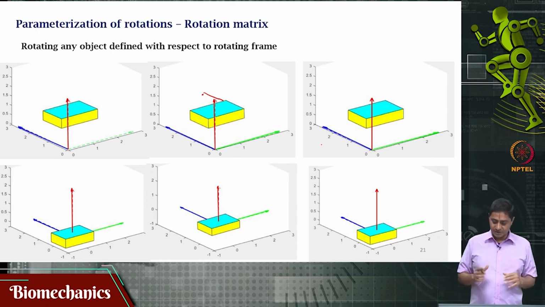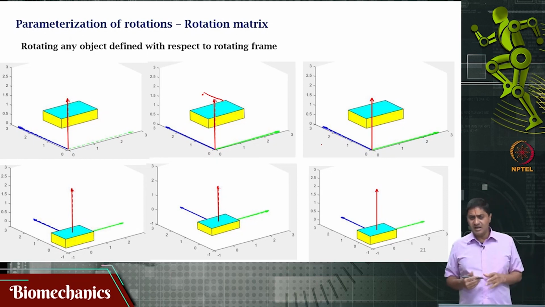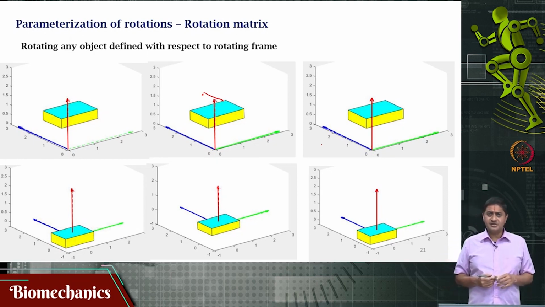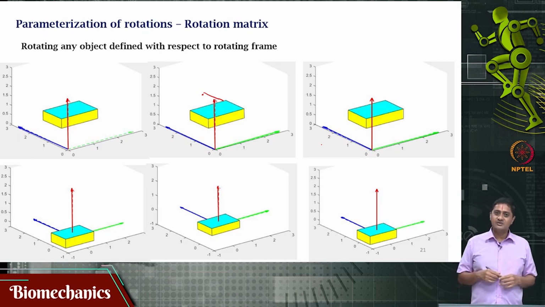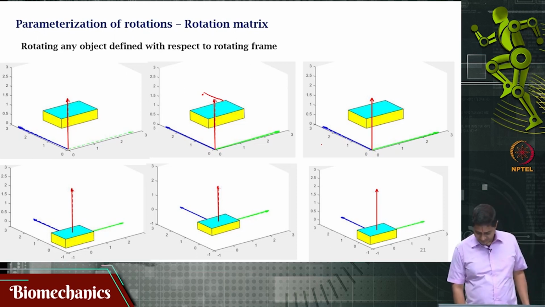Something to keep in mind. Here we have only looked at rotations. Of course, in many body parameters of interest or in many movements of interest, mostly we are interested in rotations, but that is not always the case. There are cases in which general motion also happens, so you are also interested in translation and rotation. So we need to keep this in mind as we are using these principles.